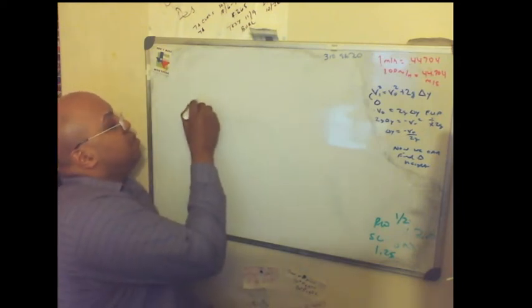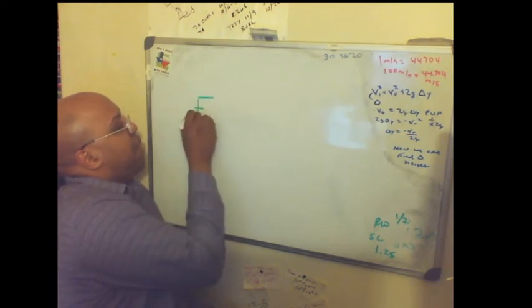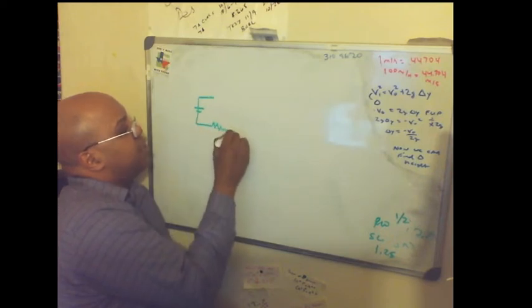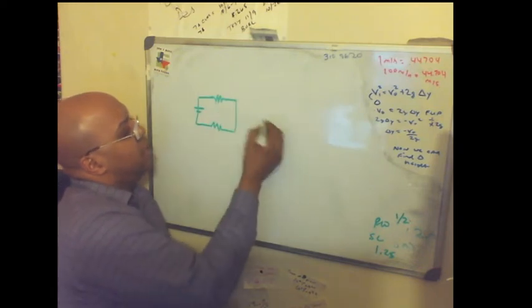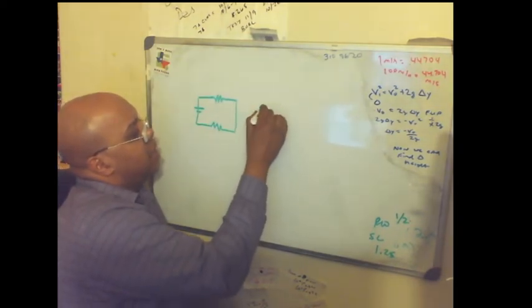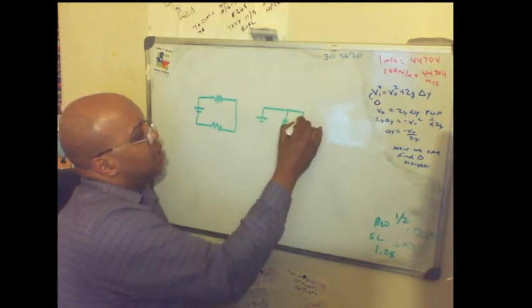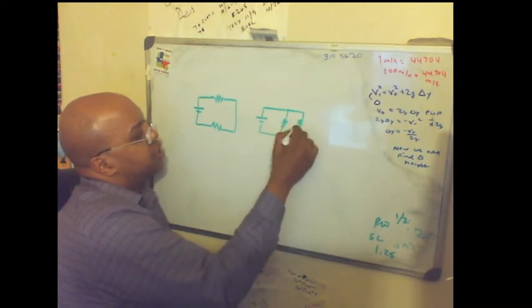So, I'm going to put my battery on this side. I like my battery on this side. But we're going to have 2 resistors. And then we're going to have another battery, but we're going to have two resistors.